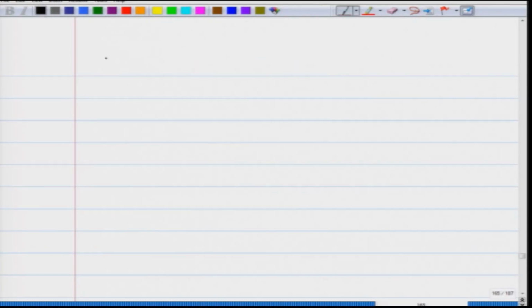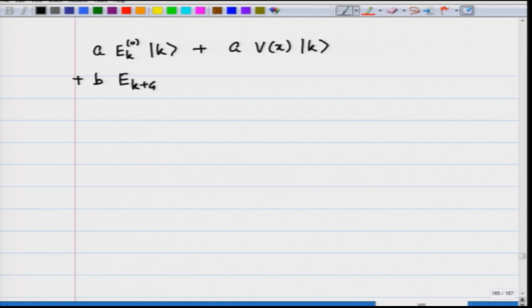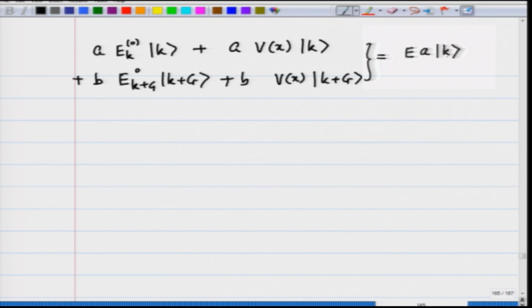So, the equation I am working at is A Ek0 |k> plus A V(x)|k> plus B E(k+G)0 |k+G> plus B V(x)|k+G>. So, this whole thing is equal to E A|k> plus E B|k+G>.